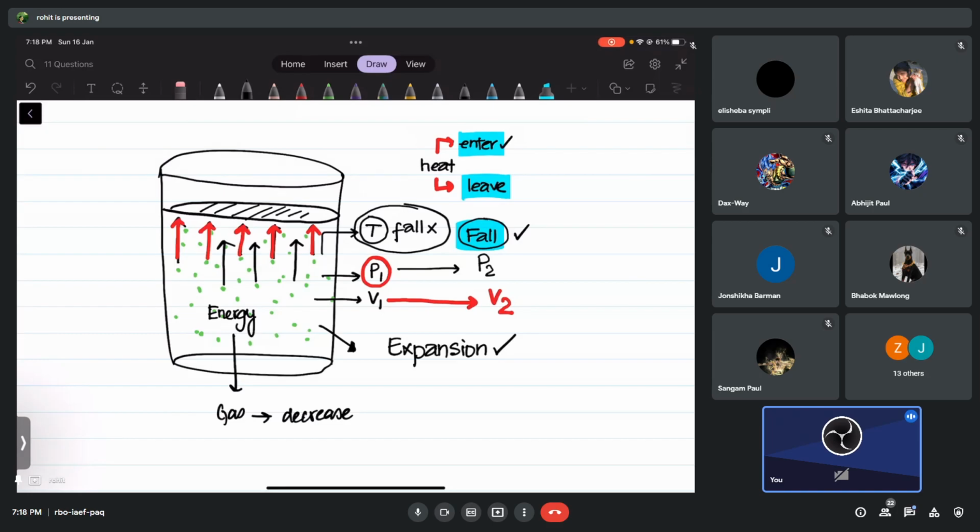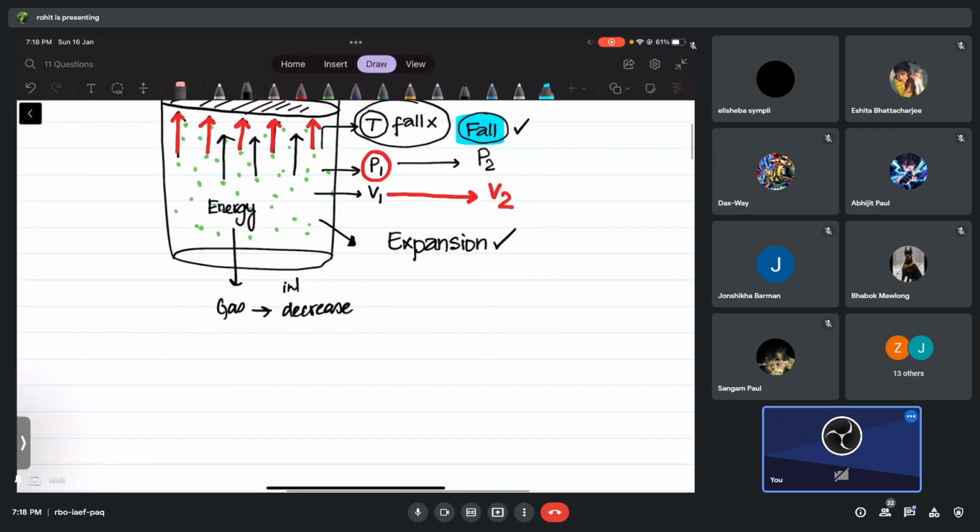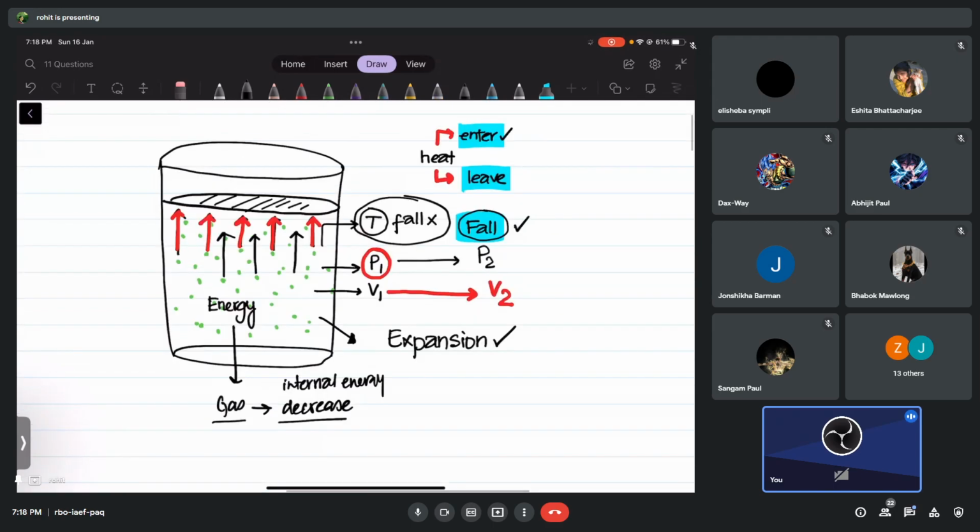Why? Because there's no energy and no help coming from outside. The gas is pushing the piston because the gas is using its own internal energy, and that's why the energy of the gas decreases. And what does it mean when the energy of a gas decreases? Temperature has to be the same, or temperature falls?